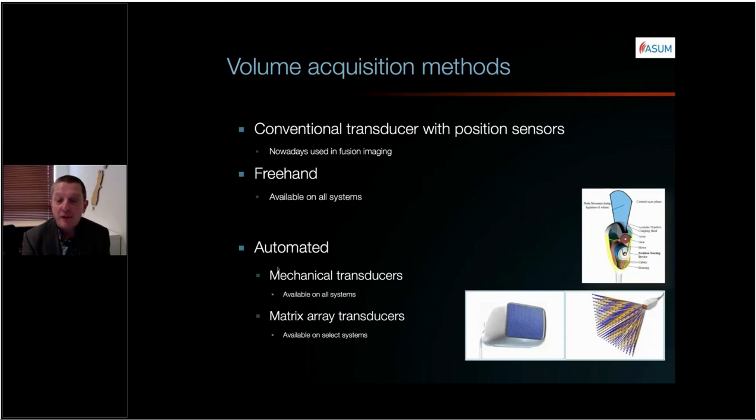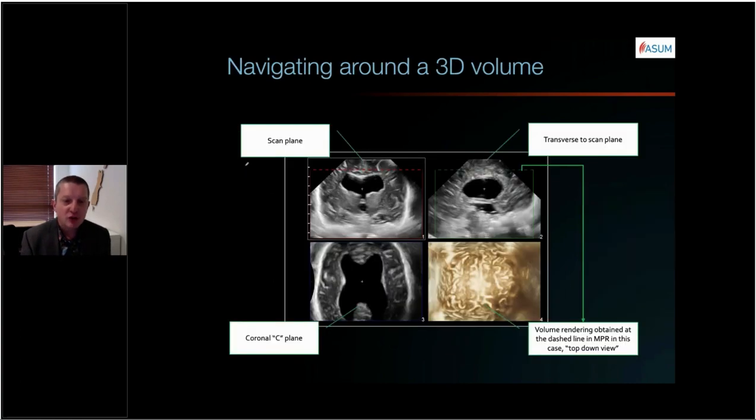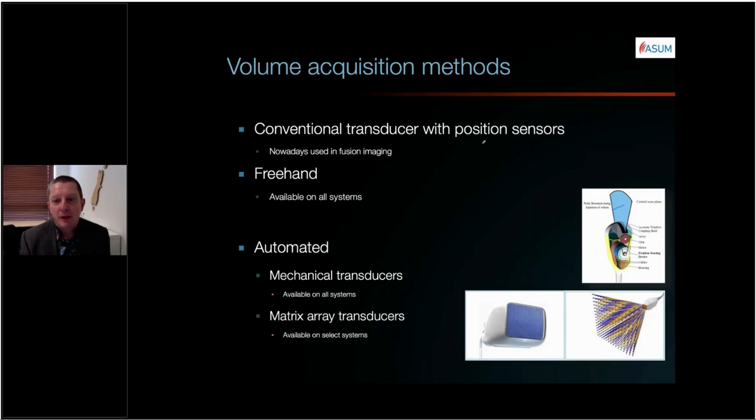So what are some of the volume acquisition methods that we can use with ultrasound? Well, I think the most traditional one would be having a conventional ultrasound with a transducer having position sensors, so that the ultrasound system knows where the transducer is in space, and then when you move the transducer, you can acquire successive slices, and those slices can be correlated to three-dimensional space.